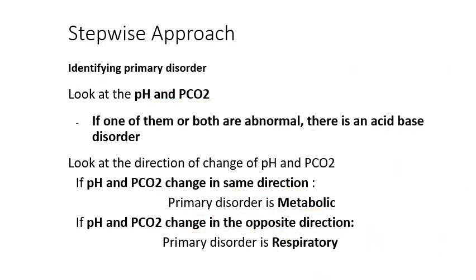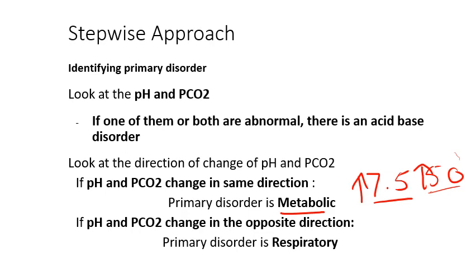Then again, if pH is 7.5 and PCO2 is 50, it tells you that pH has increased and PCO2 has increased as well, which basically means that it's a metabolic disorder. This tells you that it's an alkalosis, so it's a metabolic alkalosis, and the change in PCO2 is basically the respiratory compensation for the metabolic alkalosis.